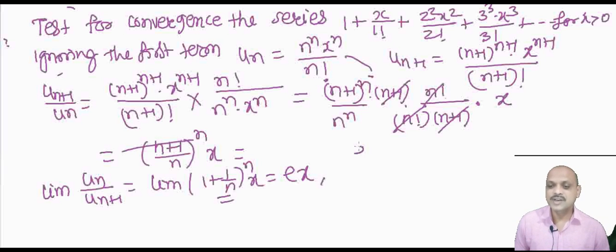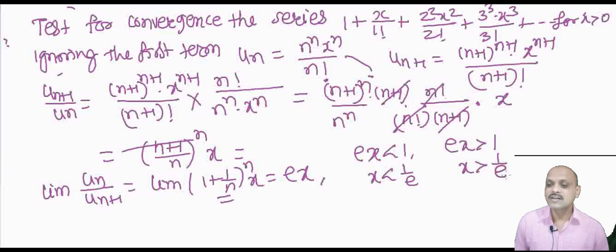So by the ratio test, the series converges for ex less than 1 and diverges for ex greater than 1. That is, the series converges for x less than 1 by e and diverges for x greater than 1 by e. Now what about x equal to 1 divided by e?